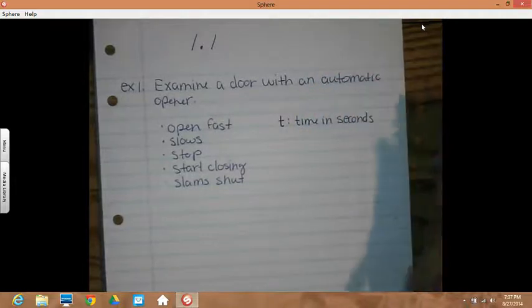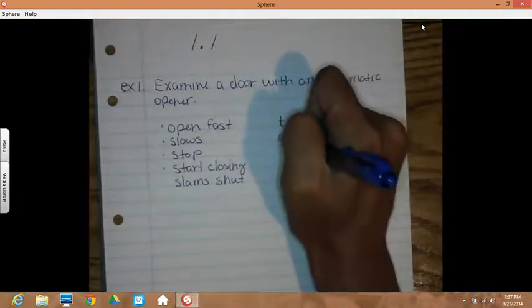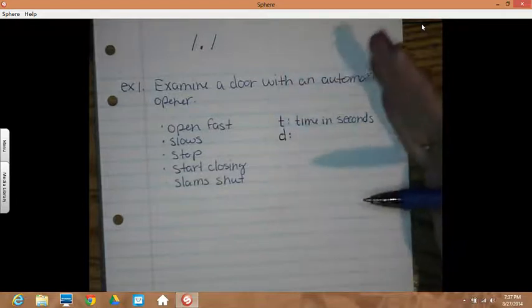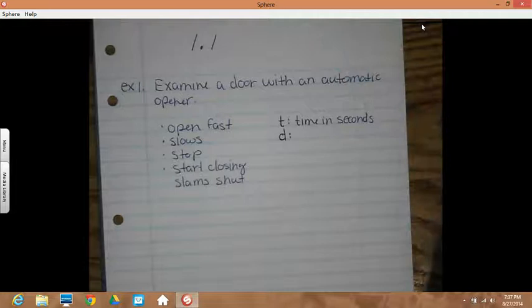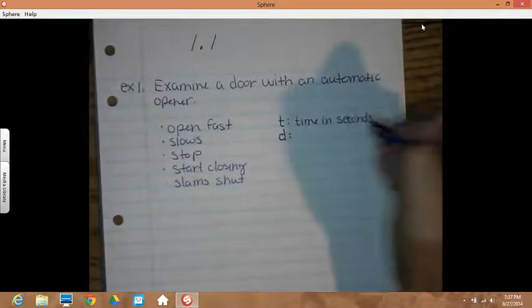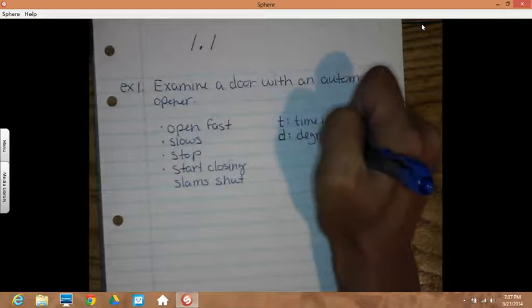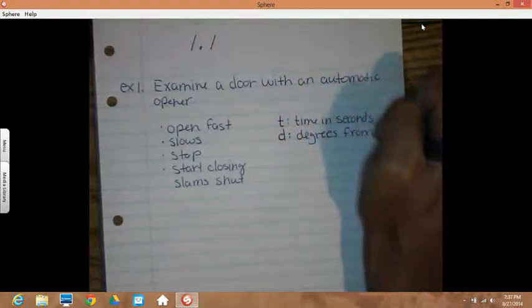And then we're going to let d, which will be our y-axis, be the degree of the opening. Is it at 10 degrees, 20 degrees, 30 degrees, all the way up to how far wide it opens, at least past 90, I would think. And then it's going to come closed again. So we're going to have degrees from its closed position.